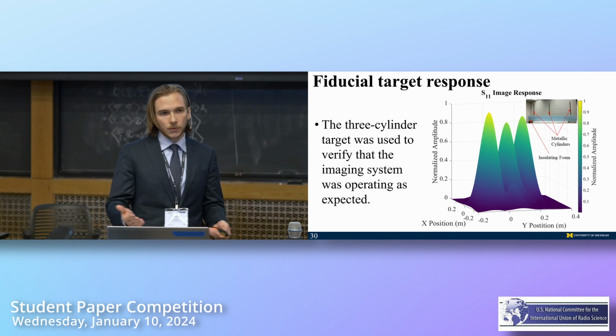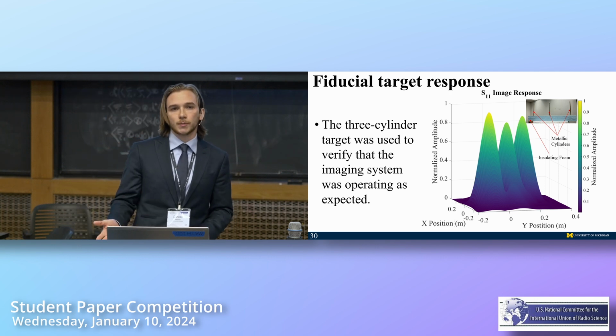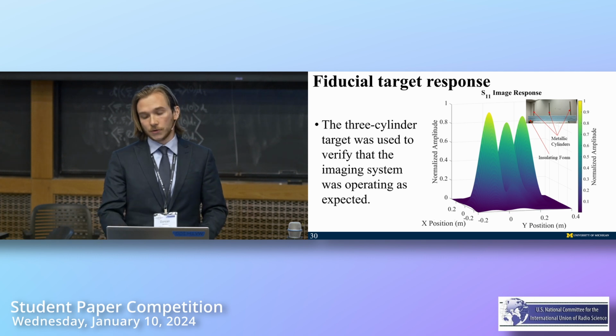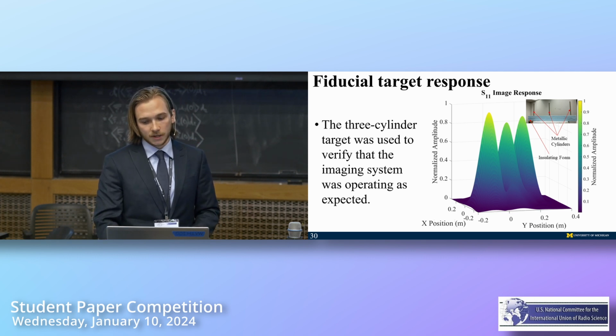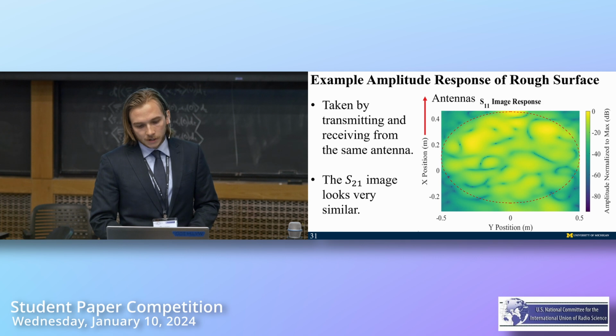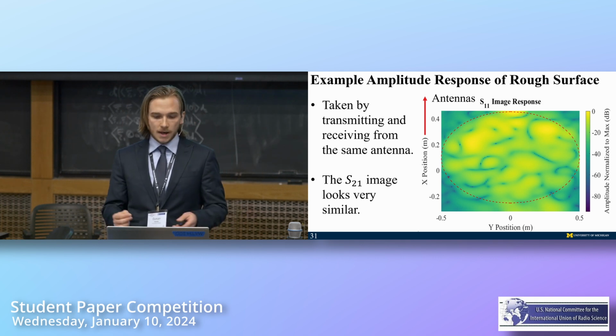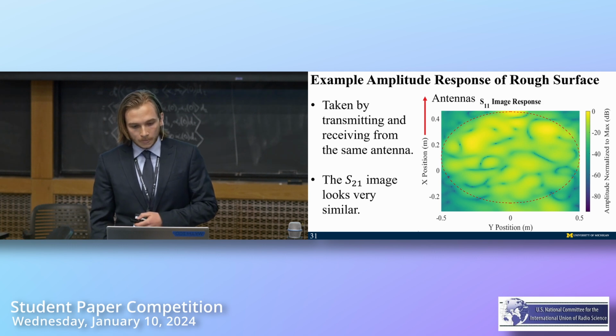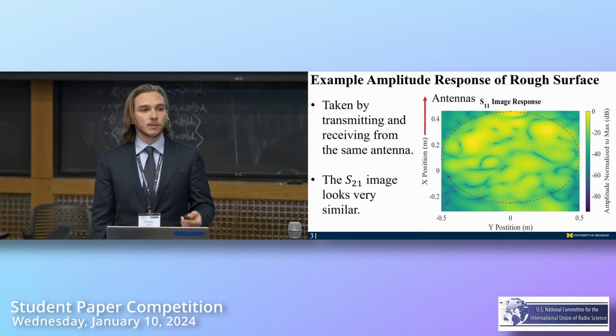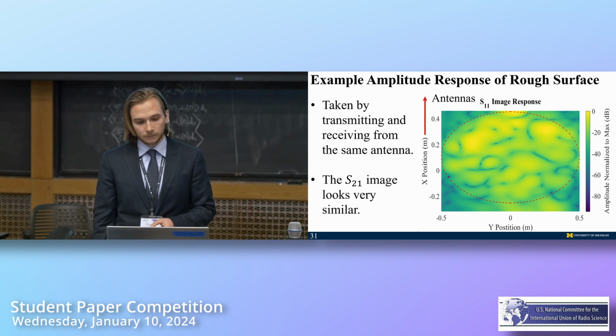You can see 3 distinct peaks here in an amplitude response image corresponding to the different cylinders. This is the S11 amplitude response image, taken by transmitting and receiving from the same antenna.